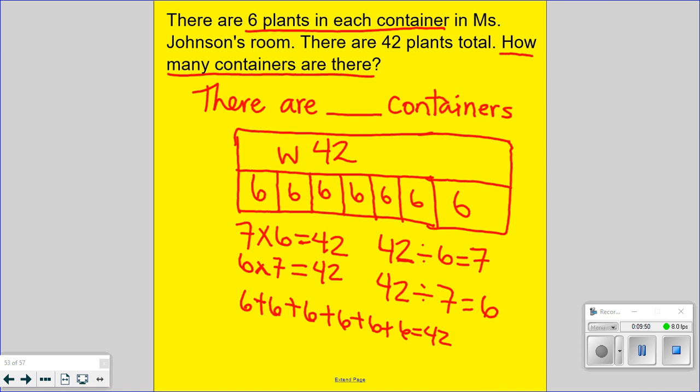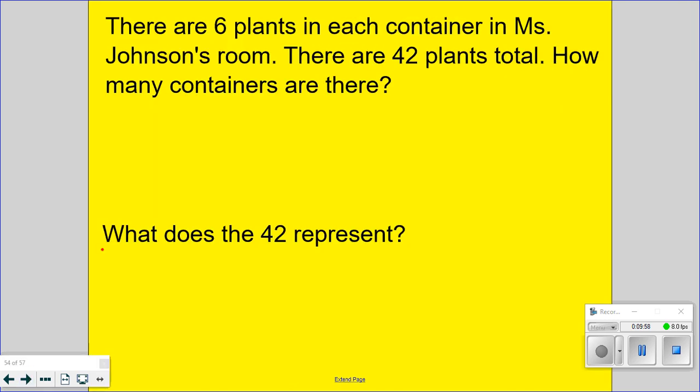If all the pluses were literally multiplication. Okay. I need you to write down this question right underneath your work. That question says, what does the 42 represent?